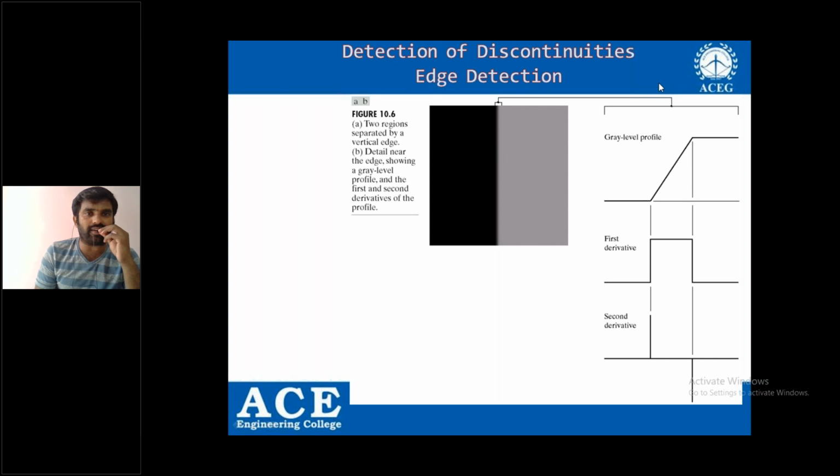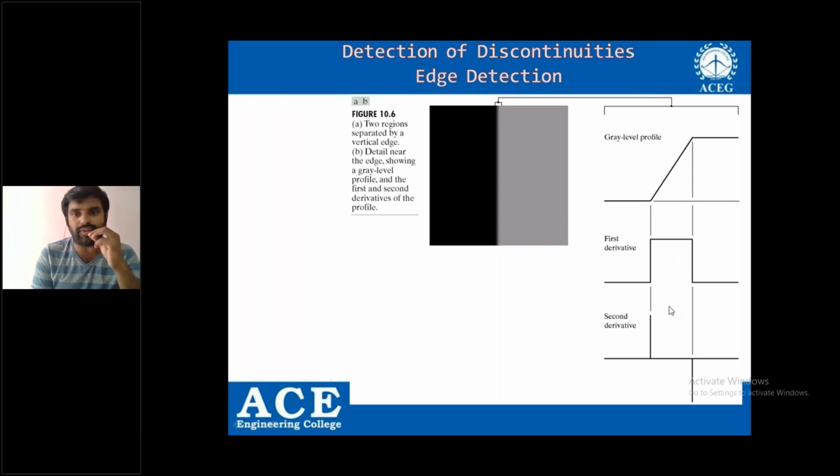That is called gradient. If I take the gradient as del f, and f of x comma y is the function, then del f equals dou f by dou x plus dou f by dou y. The change along the x direction and the change along the y direction can be considered for finding the gradient value. The gradient value is used for identifying the edge, right?